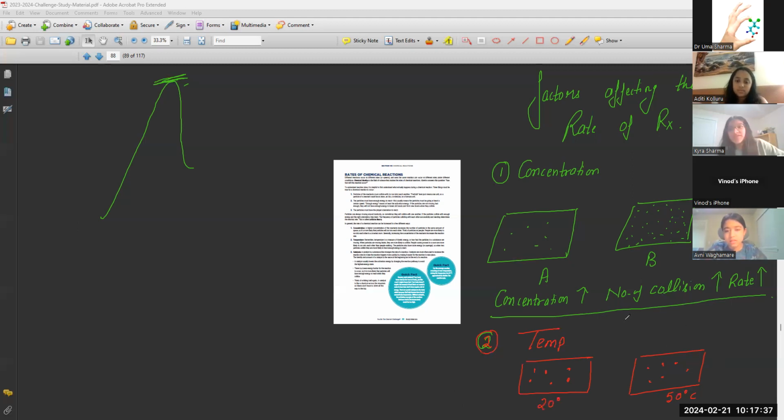She's saying as you increase the temperature, the kinetic energy increases, so the number of collisions increases, therefore the rate increases. Kyra, you're understanding, dear? Yeah. And the rate increases.